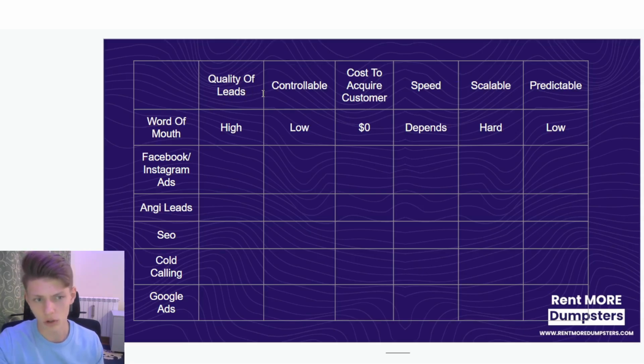When it comes to quality of leads, it's pretty bad. It's kind of low quality leads, because when people are scrolling through their feed on Instagram, Facebook, or maybe TikTok, it doesn't matter, social media, they're probably just looking to see what their friends and family are doing, not really looking to rent a dumpster.